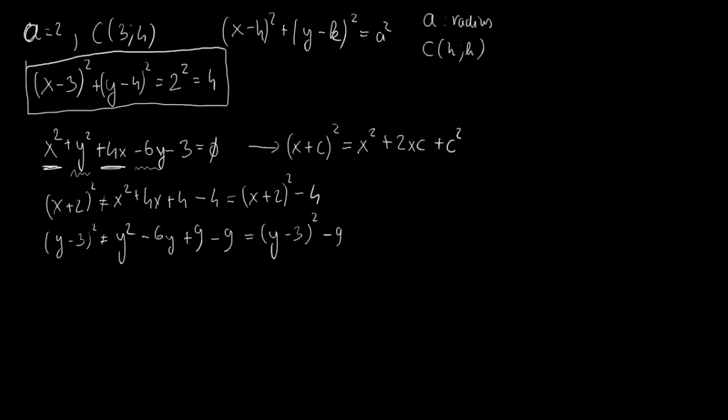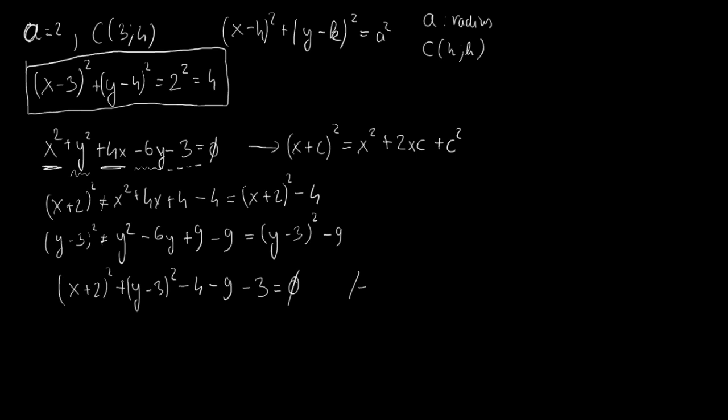And now we need to add these things, and it will look like x plus 2 squared plus y minus 3 squared minus 4 minus 9, and then we have a minus 3 here, so we need to subtract 3, and this equals 0.